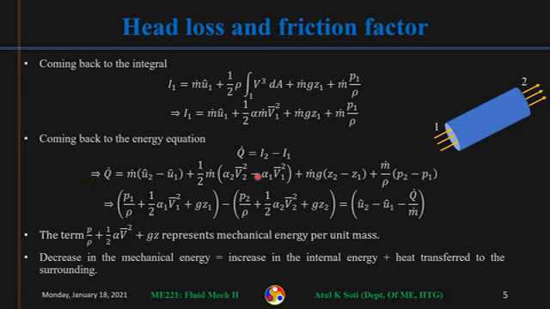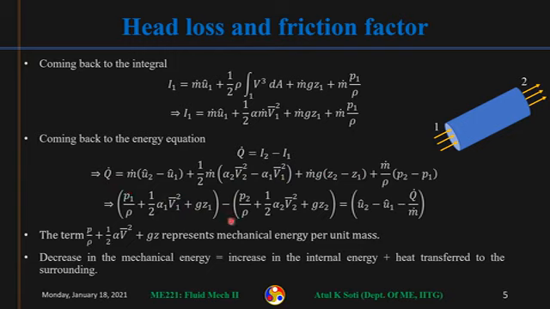And then we separate the terms at section 1 and section 2. We divide by m dot everywhere. So we get P1 by rho, then g z1, and half alpha v1 average squared.